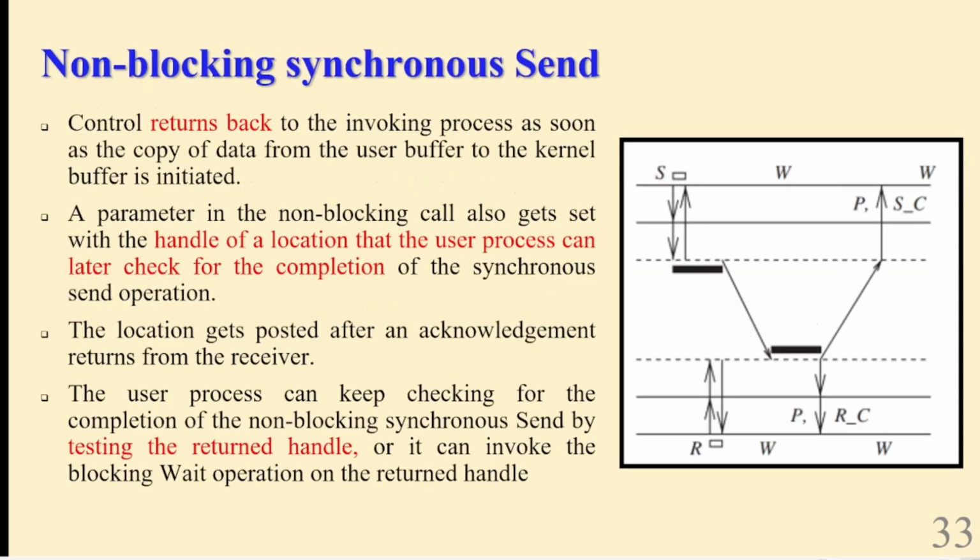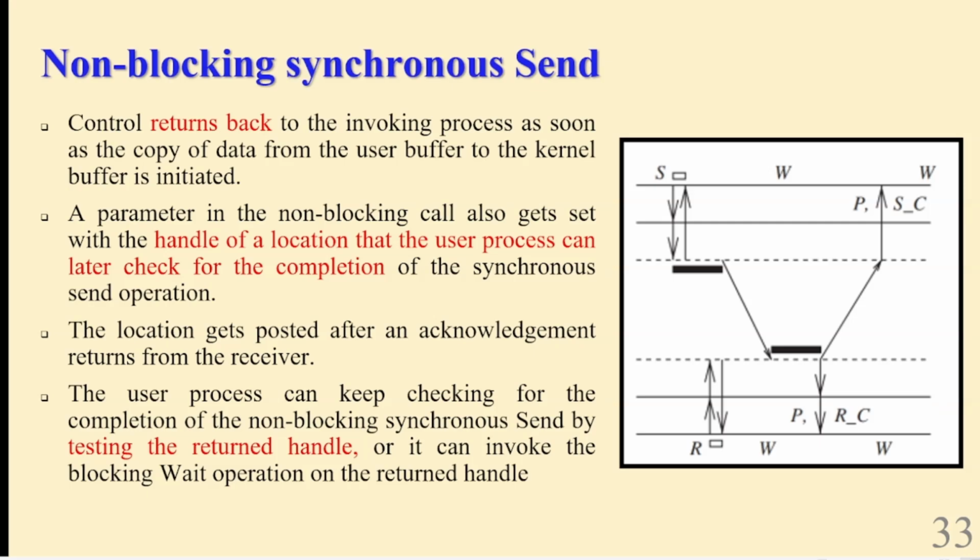Then we have non-blocking synchronous send. Here the control is given back to the sender immediately because it is non-blocking. It will send and continue working. It is not going to wait. But the operating system will still wait in the background until the receiver receives the message, and when it completes, a handle is marked as completed.